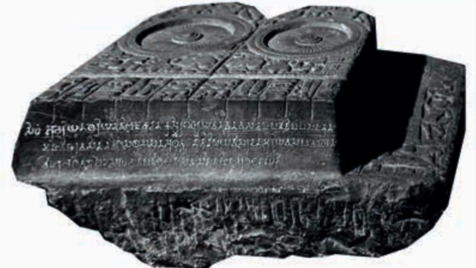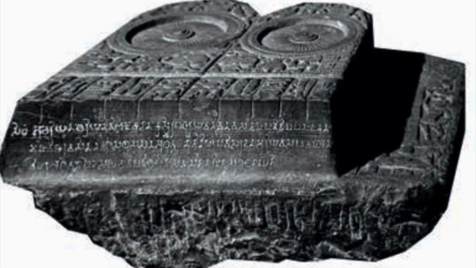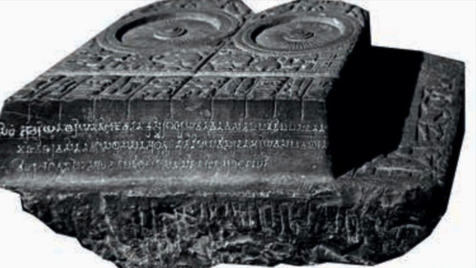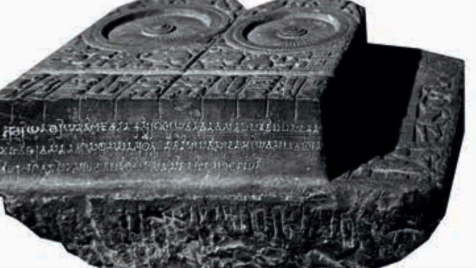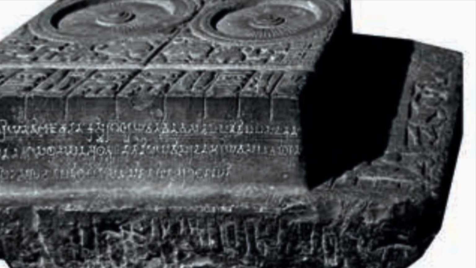For example, this footprint platform is from Nagarjunakonda in Andhra Pradesh in India and dates to approximately the 3rd century of the Common Era. It consists of a rectangular platform supporting a pair of intricately carved footprints. The footprints are raised above the base, and to the proper left of the footprints is a low relief carving of a Bodhi tree with devotional figures.